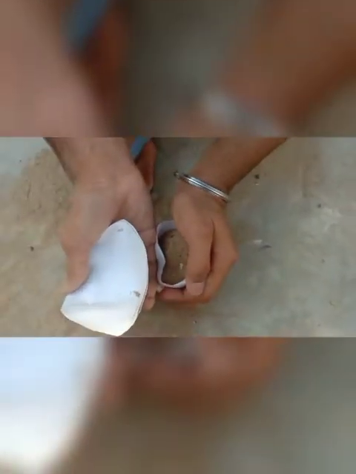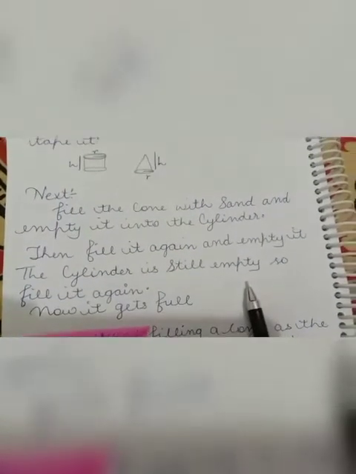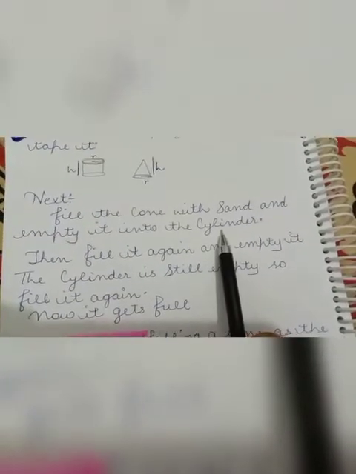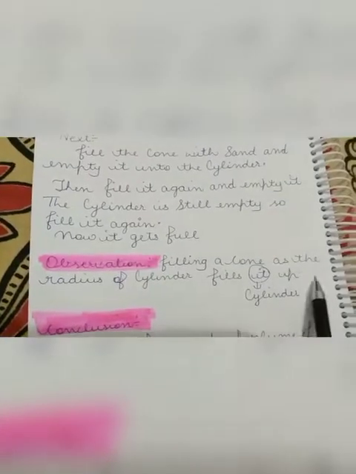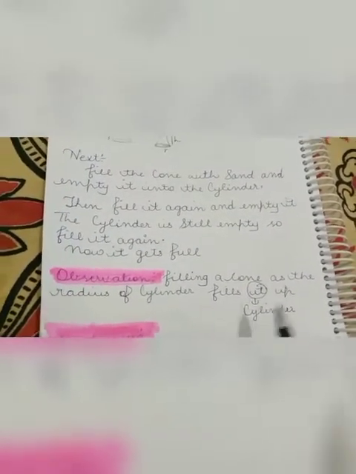So after the sand procedure, filling the cone with sand and pouring it into the cylinder, the observation of this activity is that filling a cone with the same radius as the cylinder three times fills the cylinder fully.